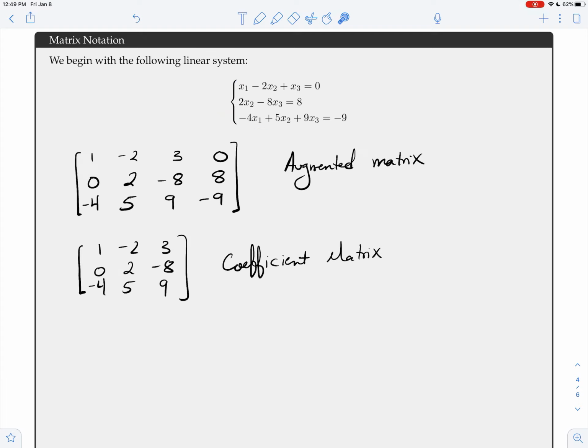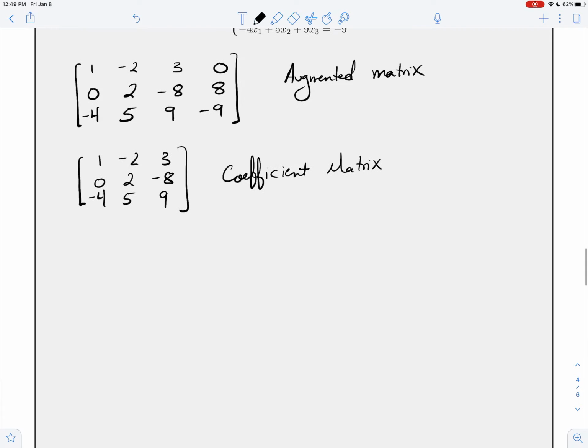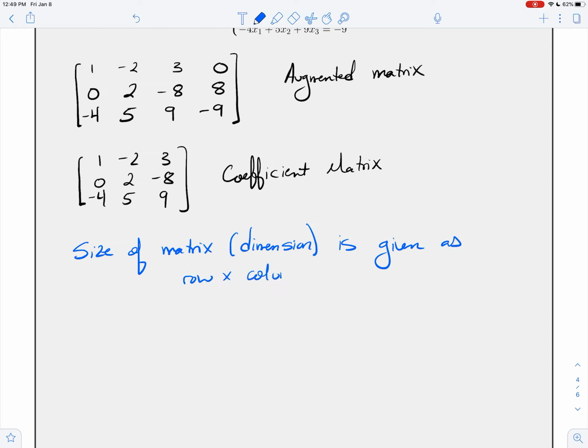I do want to make just a few comments, though, on the size of a matrix before we go on. So let me change colors just so it'll stand out easier. The size of a matrix, i.e. its dimension, is given as row by column.